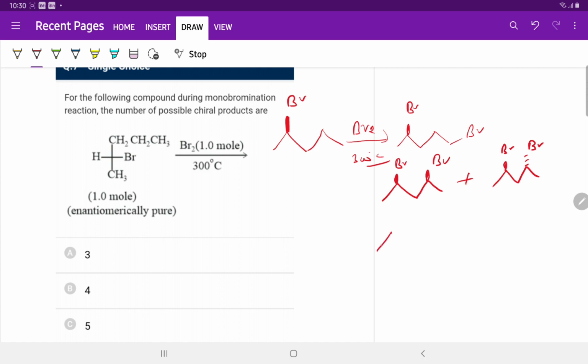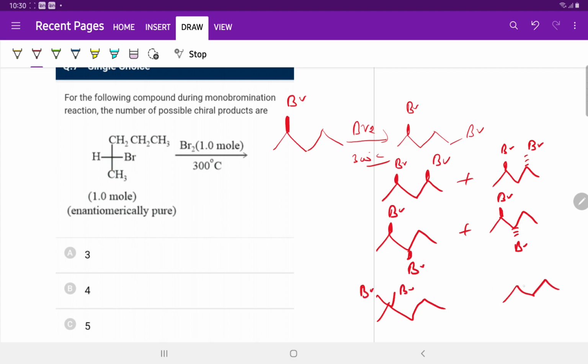The third product is this, the fourth product is this, the sixth product is this, and the last product is this. In the question he is asking for chiral products.